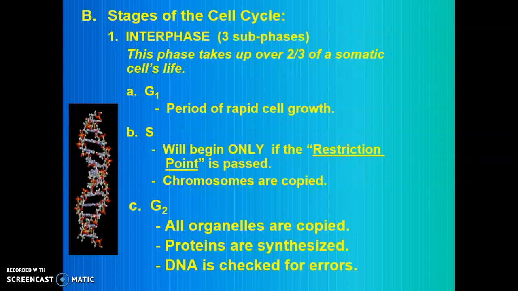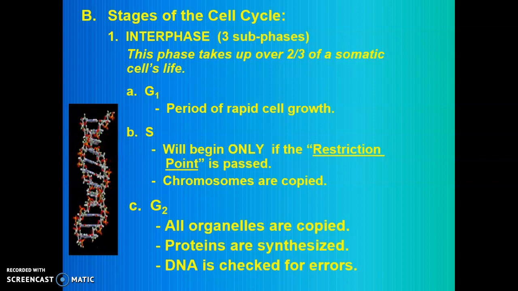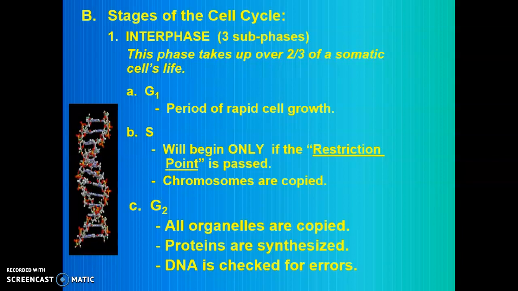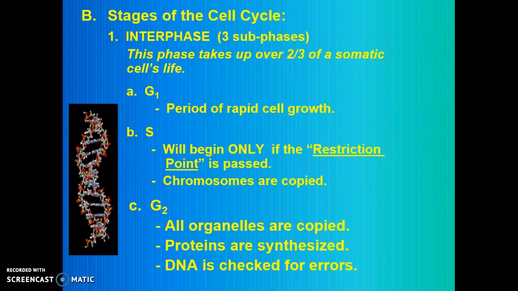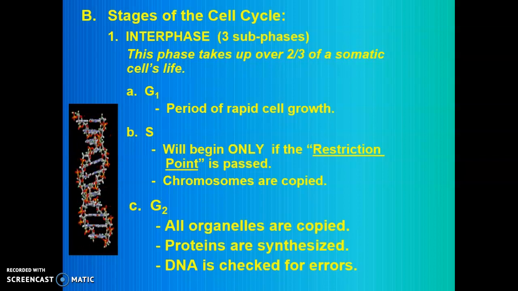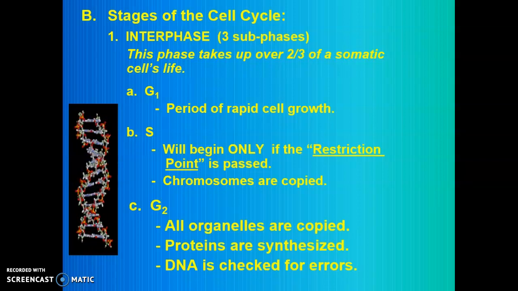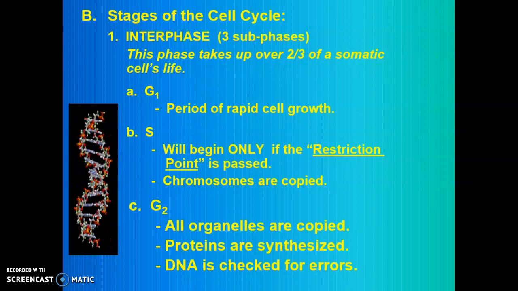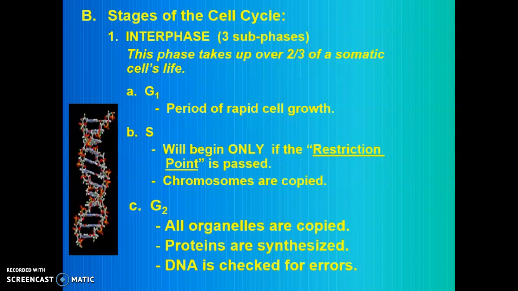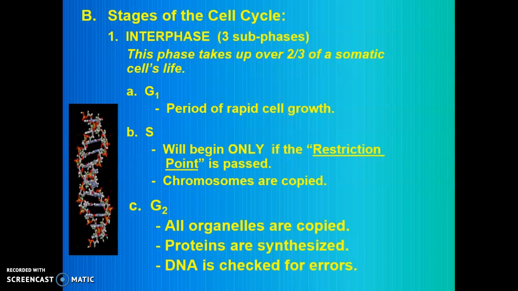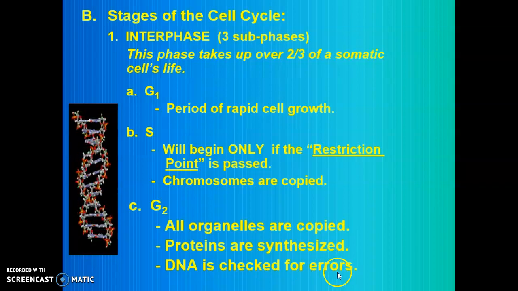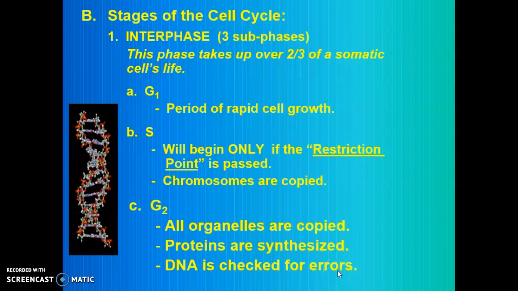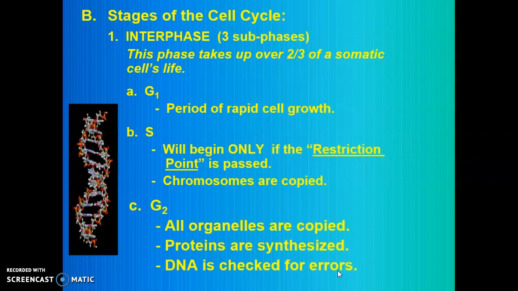If it cannot fix the error, the cell most times will just stop dividing and actually terminate itself. It'll actually dissolve itself by rupturing its lysosomes, which will release their enzymes and dissolve the whole cell. Now, sometimes a mutation or error actually may get by, and that's what leads to disease or a multitude of other issues you might have.